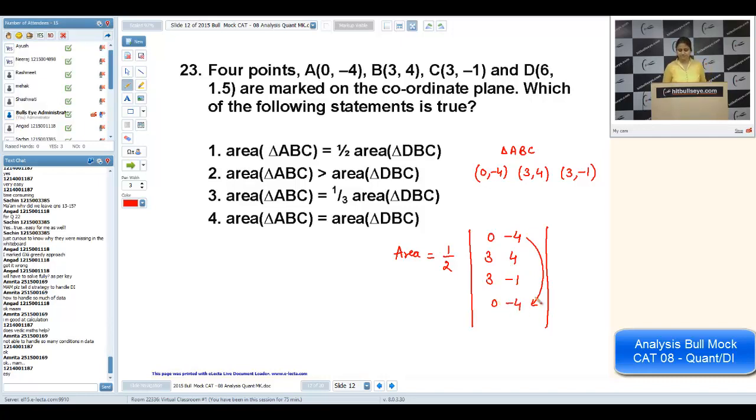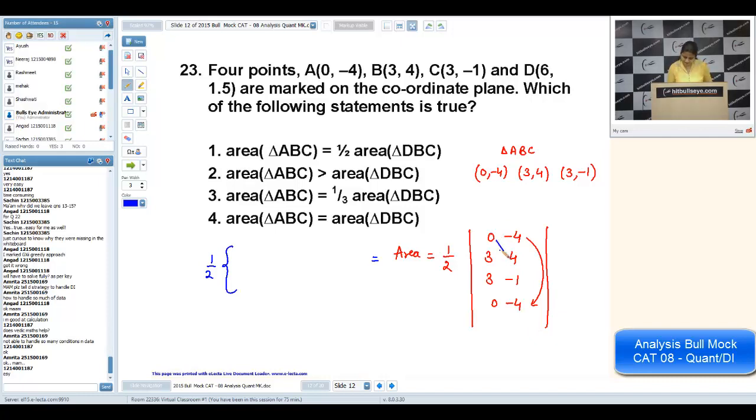I mean, you write it in any order, but you repeat the first point as the last thing. Now you will calculate it. It will be half of. Now what does modulus mean? Area will always be positive, so we will not take the negative sign if it comes.